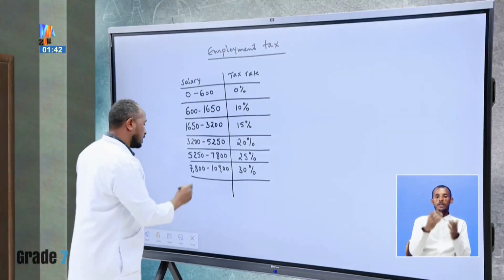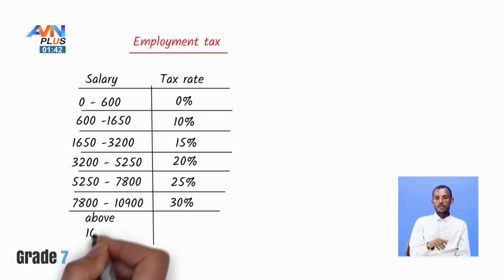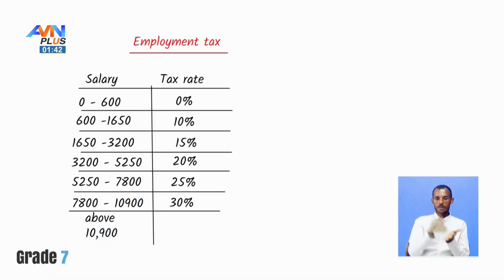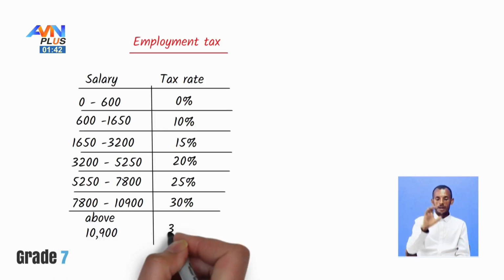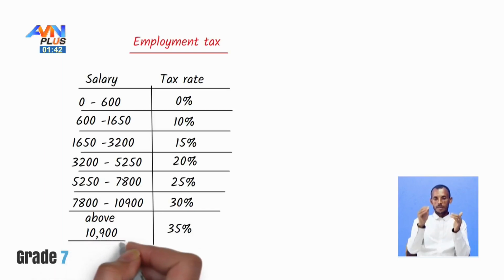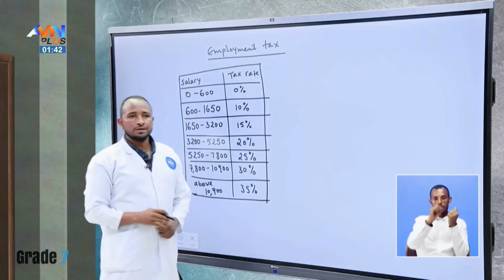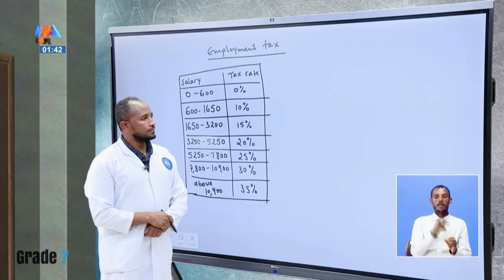Now, above 10,900, the tax rate for this interval of money is 35%. So based on this, this is our country's income tax rate. So based on this, we'll see how to calculate income tax.